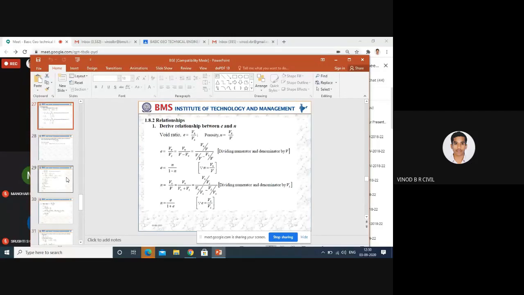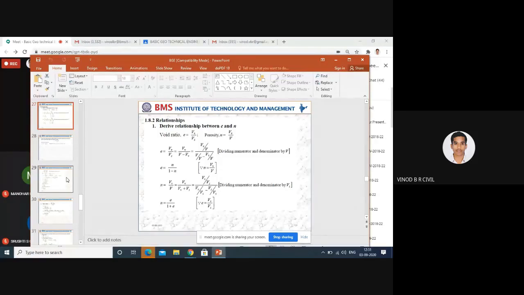These are the basic foundation for geotechnical engineering. For our next semester, applied geotechnical engineering, these 13 formulas and 9 derivations are mandatory.